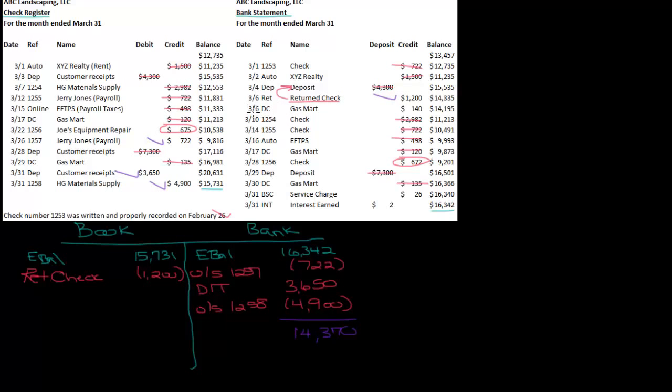Now I've got this gas mart charge, so there was a debit card transaction which I never recorded in the books, so I need to put that into my reconciliation. So on 3/6 I've got debit card, and you can put gas mart in there if you want.